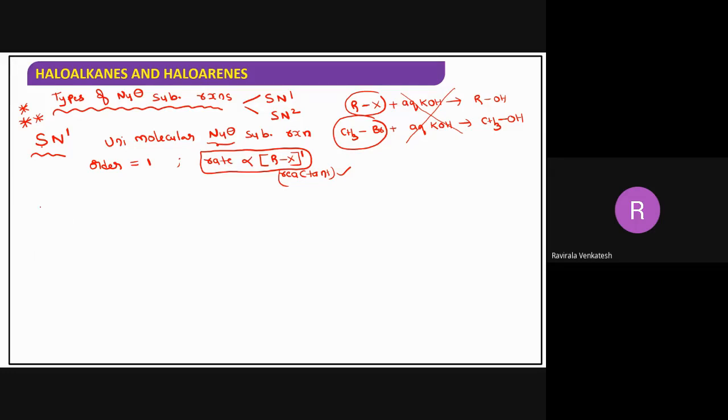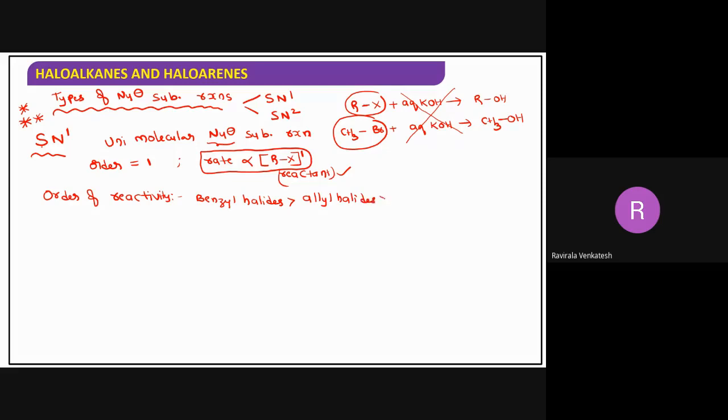Now, in this case, before writing the mechanism, I will write the order of reactivity. First of all, the order of reactivity. If you observe, generally benzyl halides are more reactive than allyl halides.